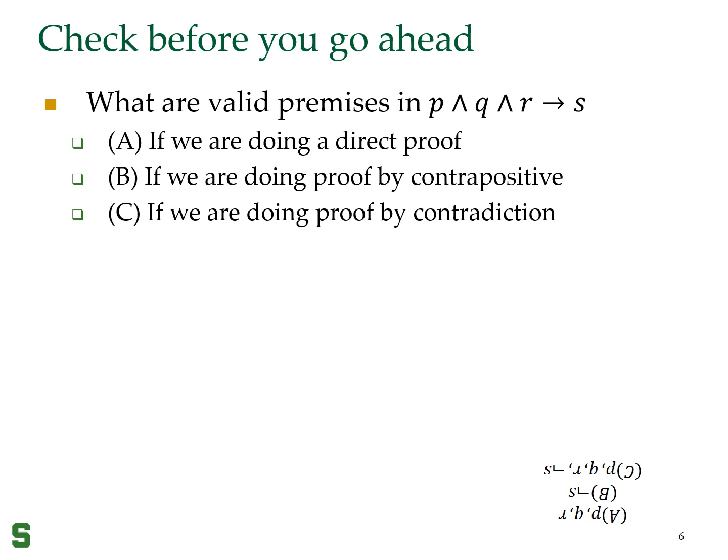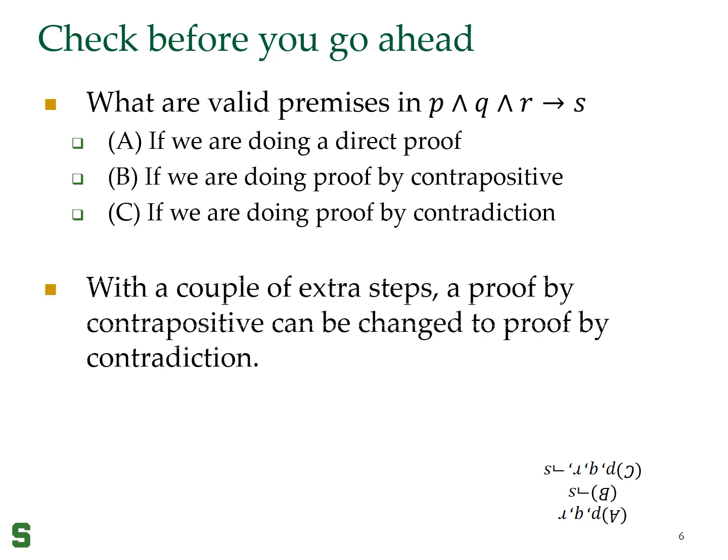Note that the answers are at the bottom of the slide, but I would like you to answer it yourself and verify that the answers match what is expected. Note that with a couple of extra steps, proof by contrapositive can be easily changed to proof by contradiction. Personally, I prefer proof by contradiction because they are more commonly used in practice.